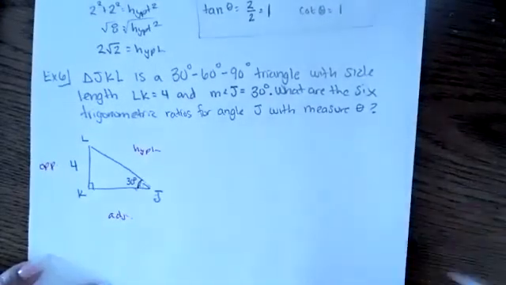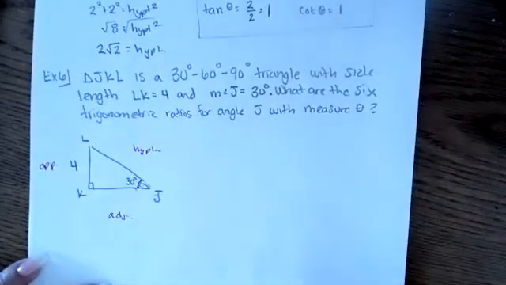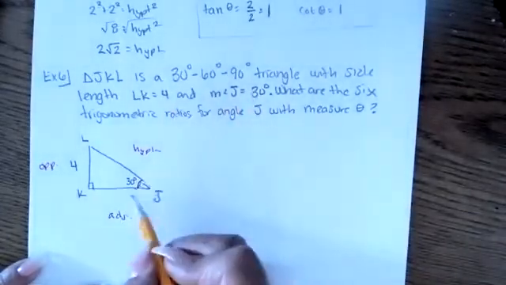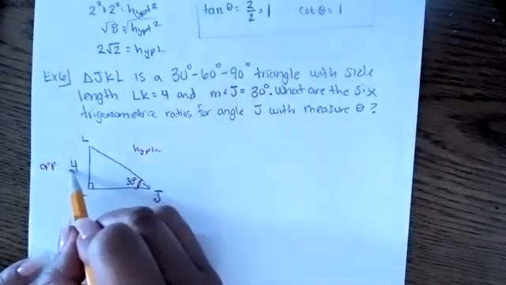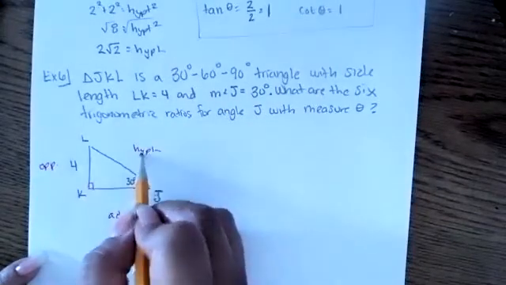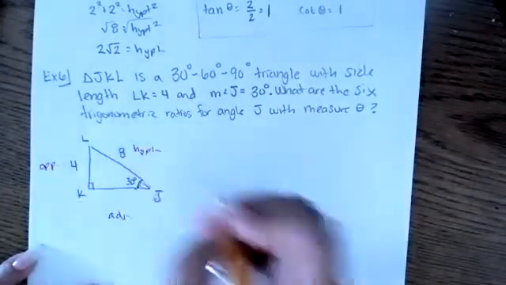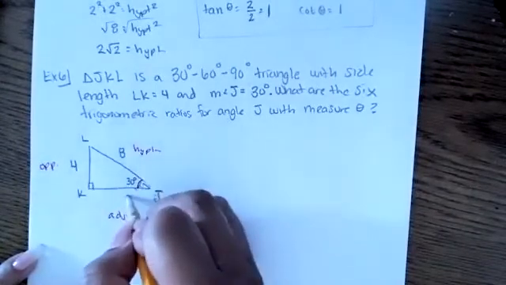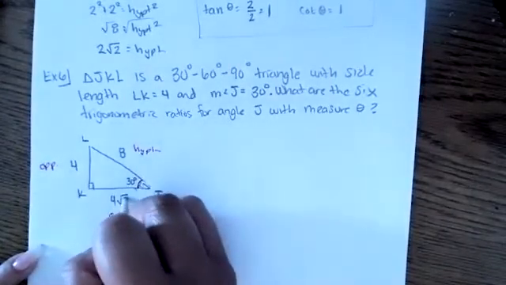If I do my 30, 60, 90 triangle right here, remember that the opposite, the 30, is the 1. The hypotenuse is the 2, so the hypotenuse is double that. So that'll be an 8. And if this is the 1, then this is going to be a 1 radical 3, which is going to be a 4 radical 3.